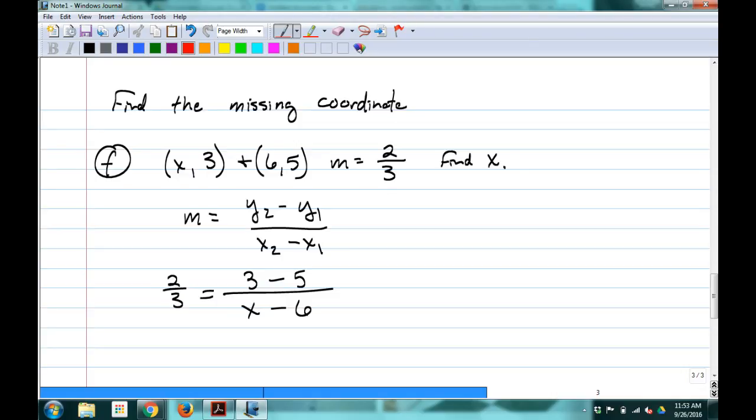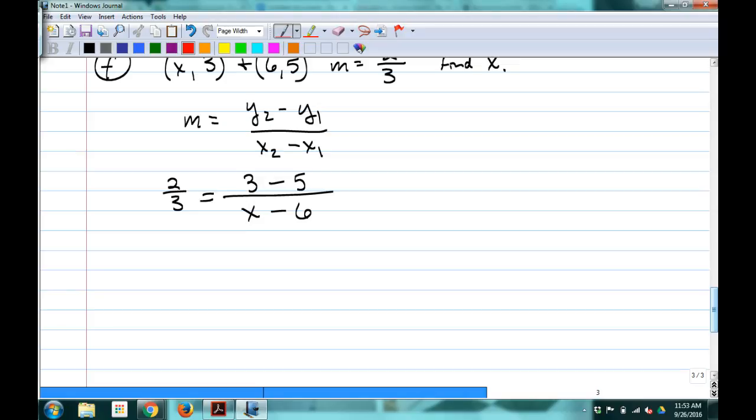Now, the next thing to do is simplify it, because 3 minus 5 you can work out, right? That's negative 2. Now, that's a proportion, and we solved those in chapter 3. How do I solve that? Cross multiply. Yeah, that's right.